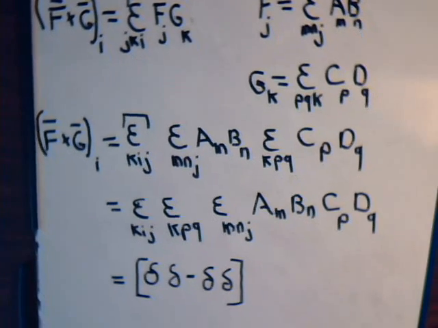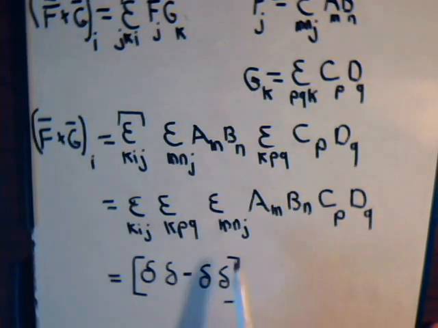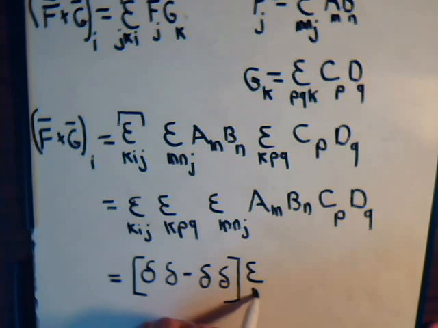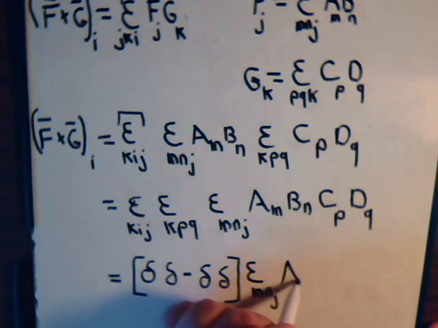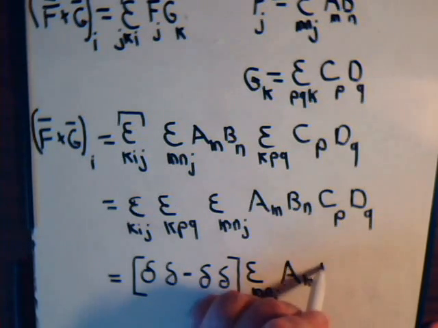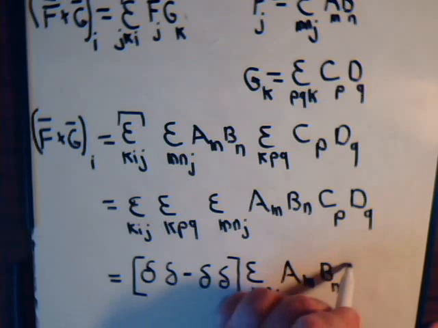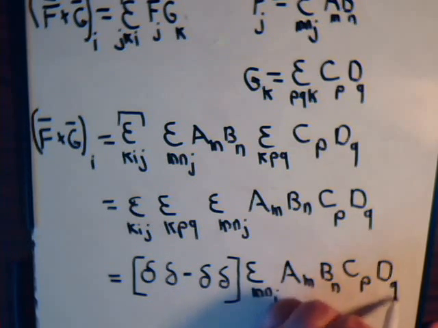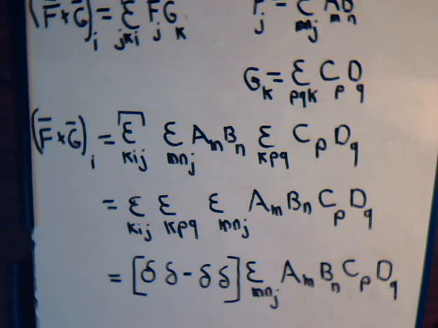We'll fill in the blanks in just a moment for these indexes, but times this, epsilon m n j, a sub n, b sub n, c p, dq. Now, what are the indexes here?